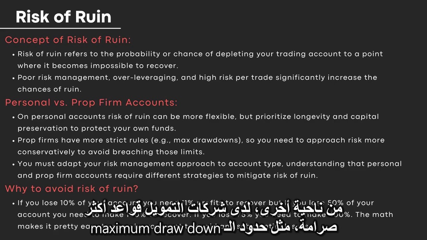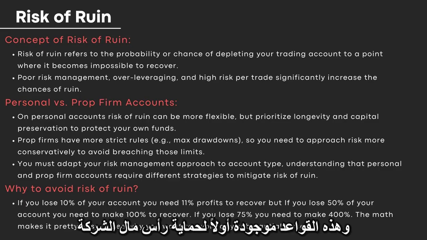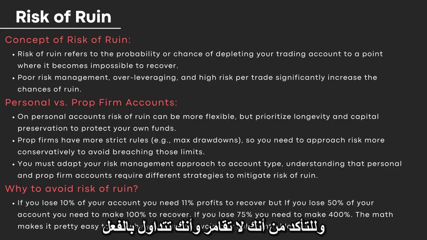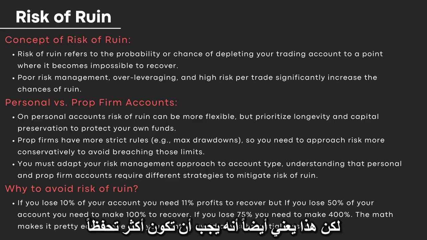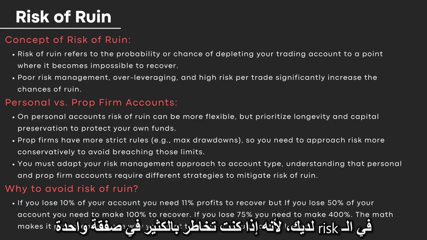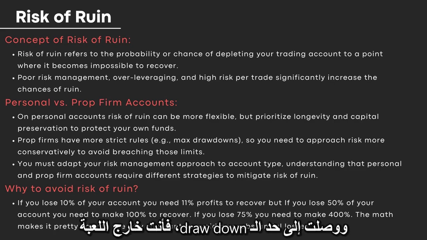On the other hand, prop firms have a lot stricter rules, right? Like maximum drawdown limits. These rules are there first of all to protect the firm's capital and to make sure that you are not gambling and you're actually trading consistently with a proper plan and a proper system, right? But that also means that you've got to be a lot more conservative with your risk, because if you're risking too much on a single trade and you hit that drawdown limit, you're out.